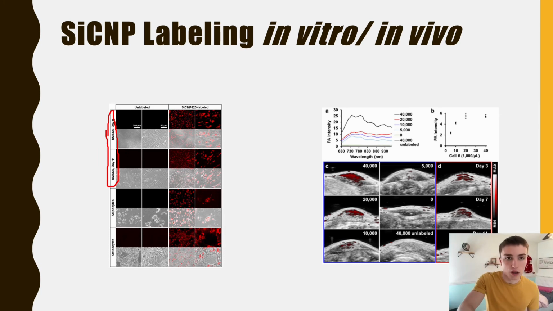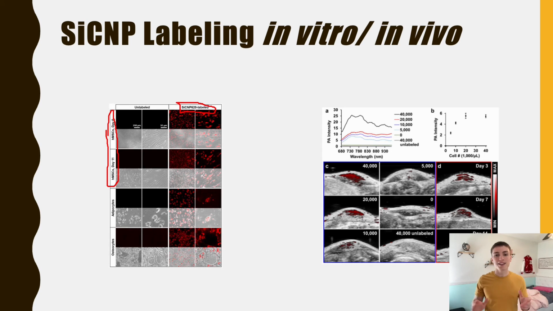And these cells were labeled with the 620 micromolar silicon carbide nanoparticle solution. What these graphs show is that the stem cells are still visible under fluorescence microscopy 11 days after labeling.